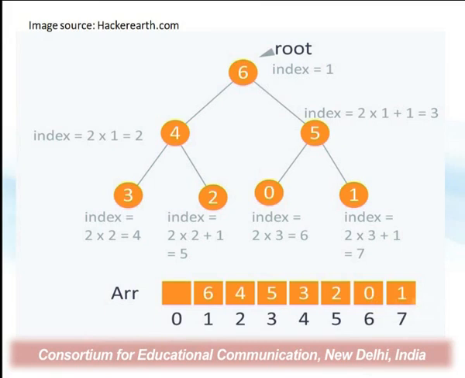Similarly, for the left child of 4, the child is 3 and its index is 4. 4 has its right child as 2 and its index is 5, while the indexes of the left child and right child of 5 are 6 and 7, which are calculated by using simple formulas. Here, as you can see on the screen, in the array we have taken the root as having index 1. We have not taken the root as having index 0, but that can be done, as I have already told you, with some simple adjustment.